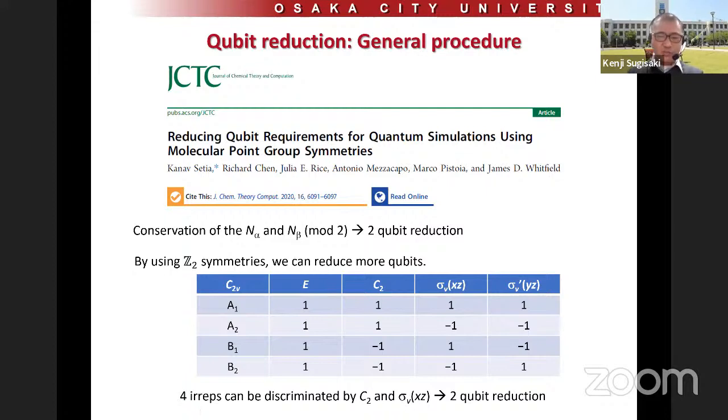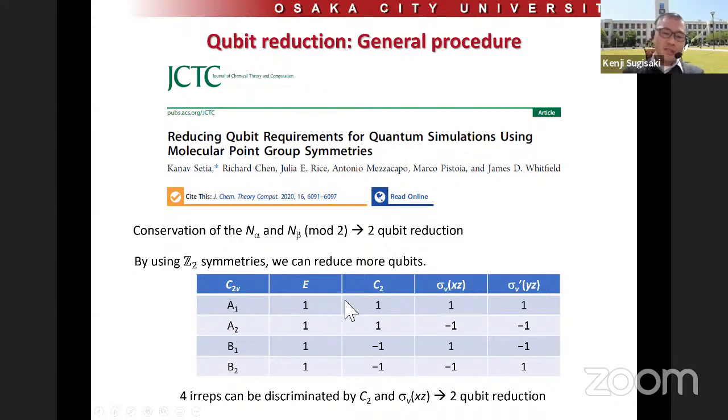in this case, we can reduce more qubits. And when I think about a molecule in the C2v point group, such as the water molecule, there are four irreducible representations. And these four irreducible representations can be discriminated, for example, by using C2, which corresponds to 2-fold rotation along the z-axis, and sigma_v, which corresponds to mirror reflection on the xz plane.